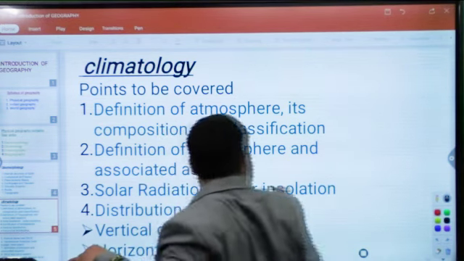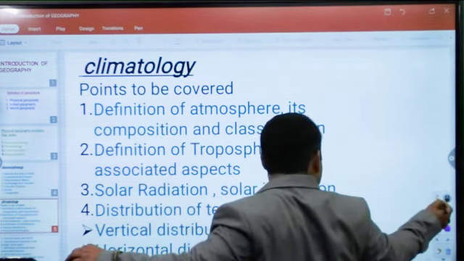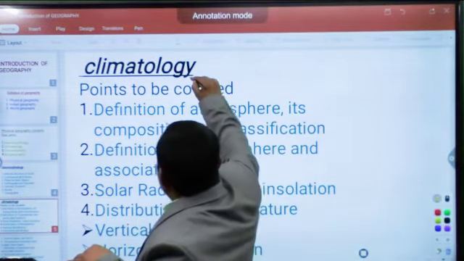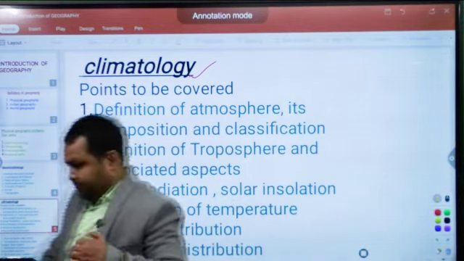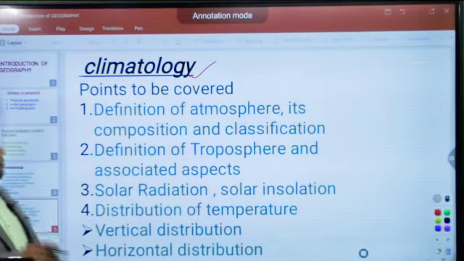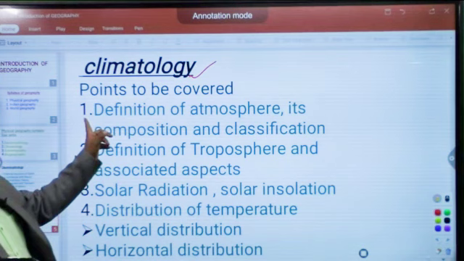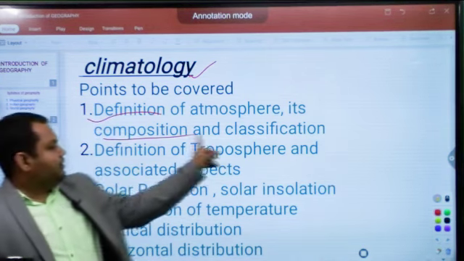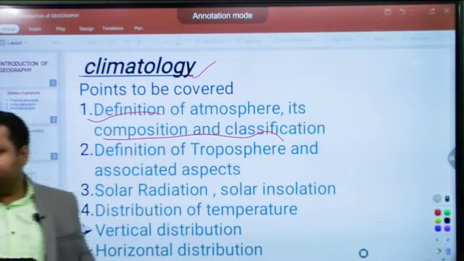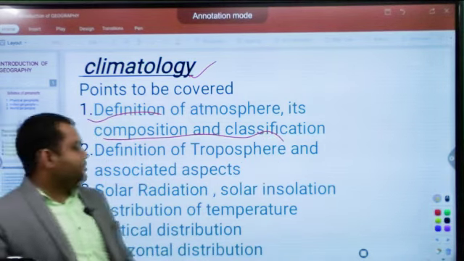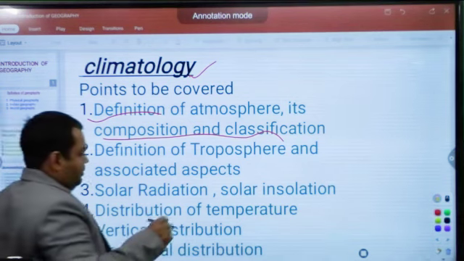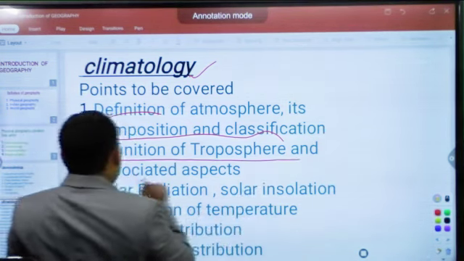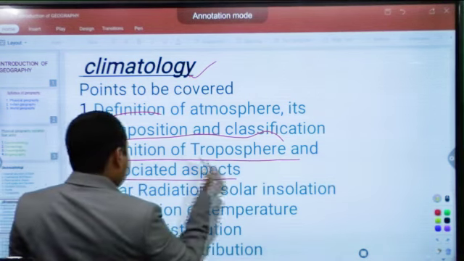The next unit is climatology, and have patience to understand this topic also. Within climatology, we will study first the definition of atmosphere, its composition and classification. Second is definition of troposphere and associated aspects.